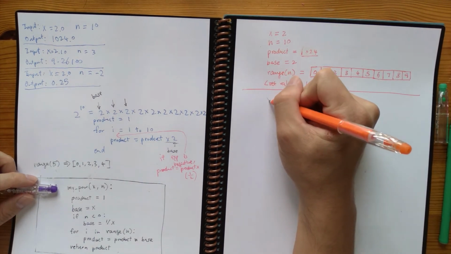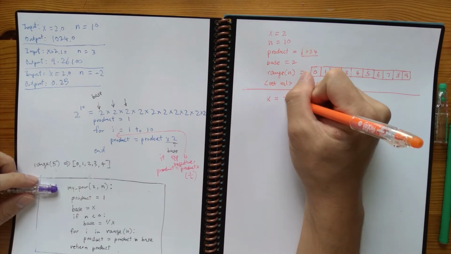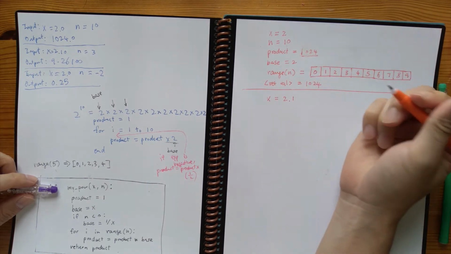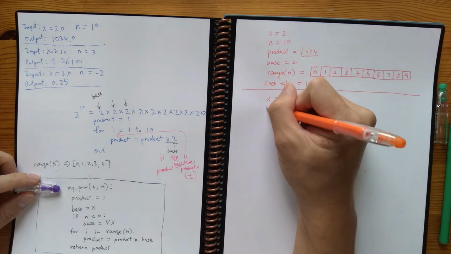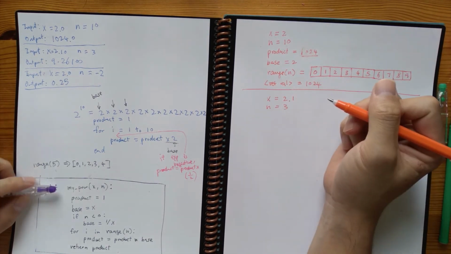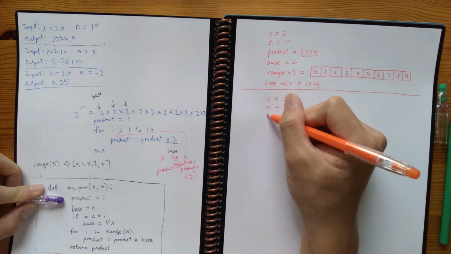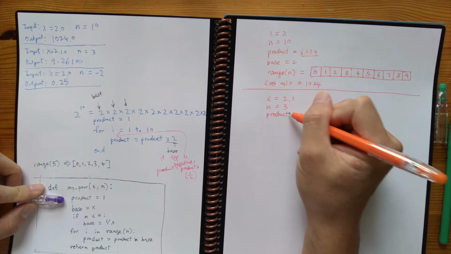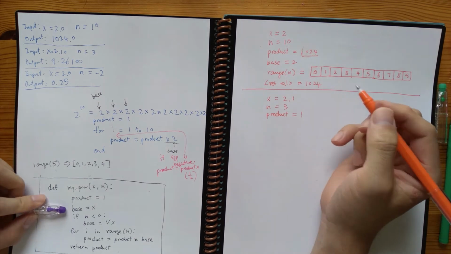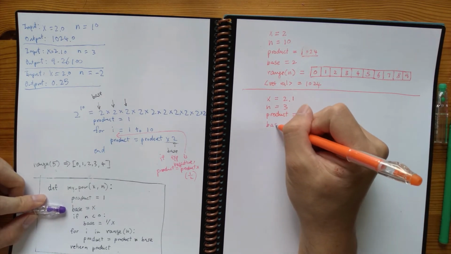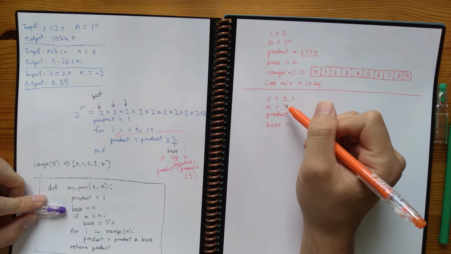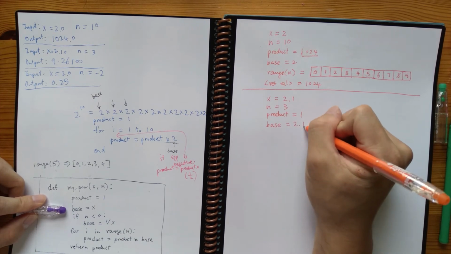So our x again, x is going to be 2.1. n is going to be 3. Okay, we're initializing the product to 1. And then I'm going to set the base to be x, which is 2.1.